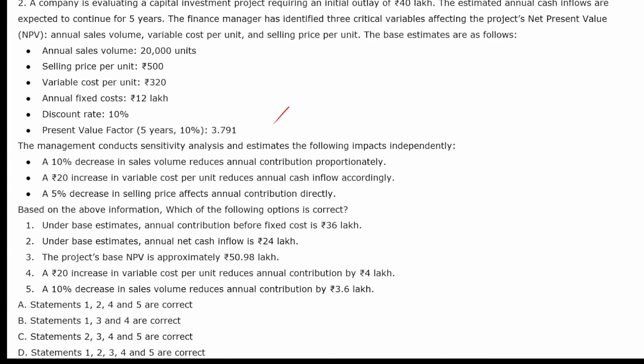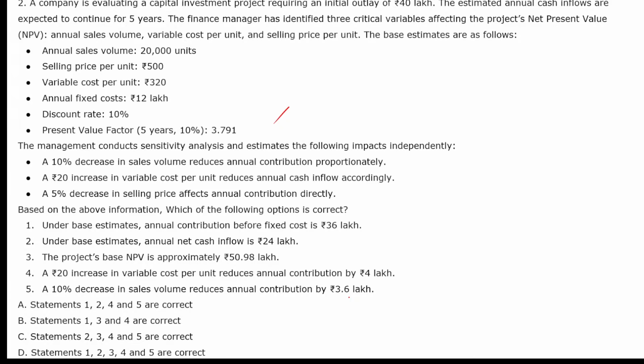The finance manager has identified 3 critical variables affecting the project's NPV: annual sales volume, variable cost, and selling price. Yes, this will change, of course. The base estimates are given to you. The management conducts sensitivity analysis and estimates the following impacts independently.